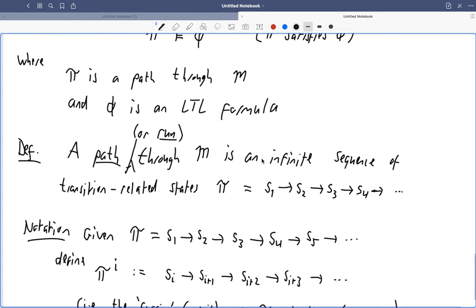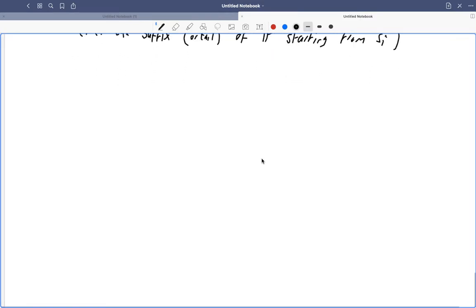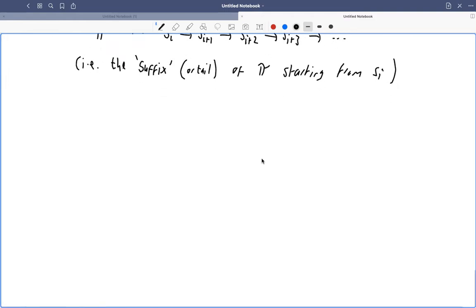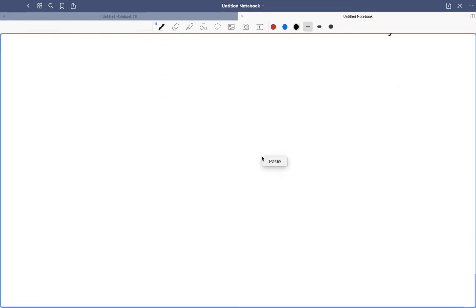Okay, so having done this, we can define the satisfaction relation. So let's do that on a new sheet.